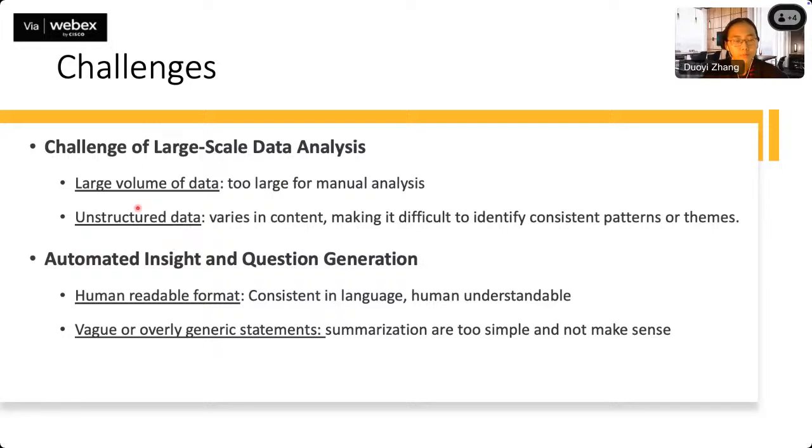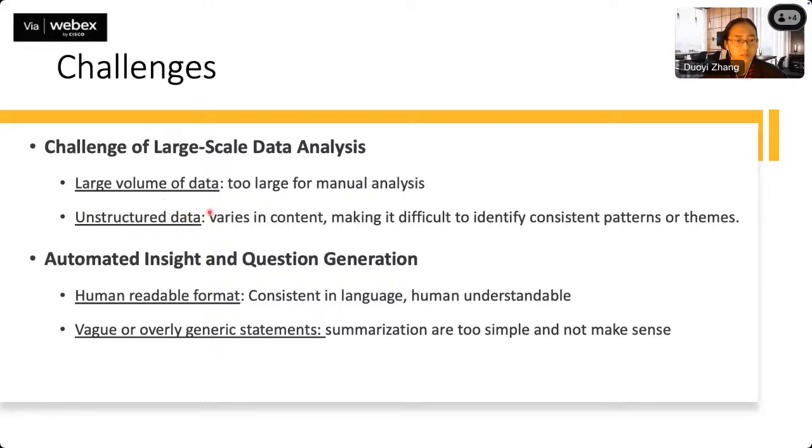For example, it cannot be analyzed through simple Excel graph generation methods, or they cannot just summarize the data by, for example, the most frequent words. Those could be stop words or the name of the company or the device name, and those are not actually meaningful in terms of this kind of task.